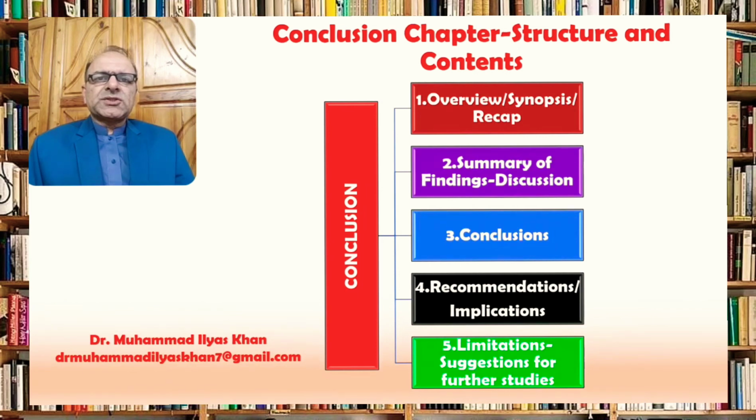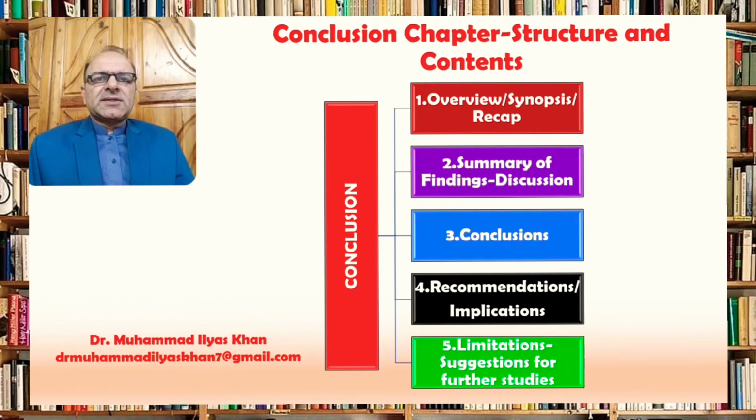In the conclusion section, you as a researcher are concluding on the basis of the whole research process in general, especially on the basis of your main findings. You are concluding what you have ultimately come up with.